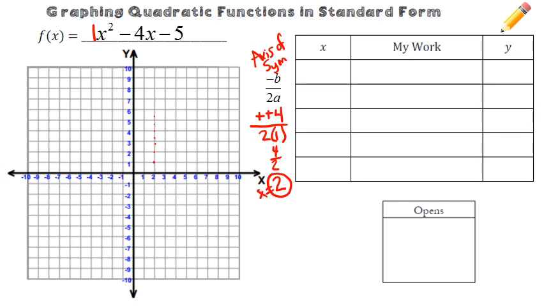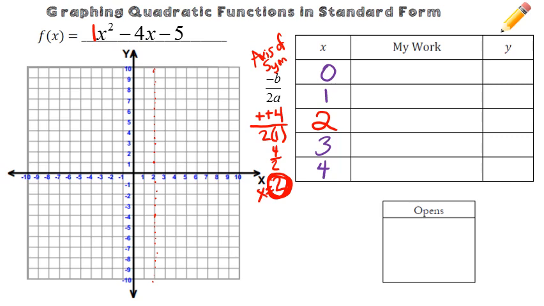So if I was to draw a dashed line, I know my parabola would fold or cut in half along that line, which means this value becomes your center x value. From there, you want to choose one point in each direction and then another point in each direction.